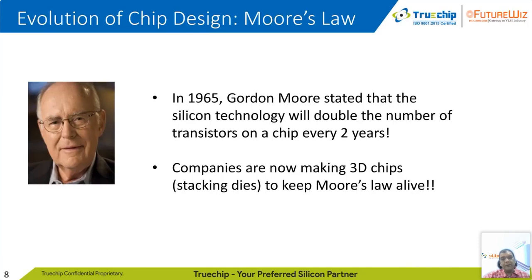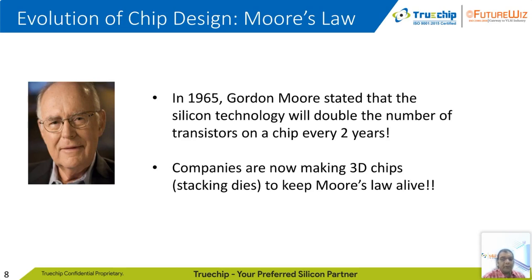Okay, so moving to the next slide. There was Gordon Moore, one of the founders of Intel, and he gave a statement which came to be called Moore's law. I'm sure you will have heard of it. He predicted that every 2 years or 18 months, the number of transistors on a chip will double.